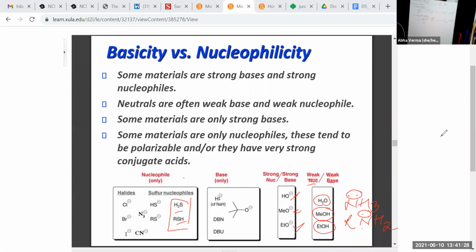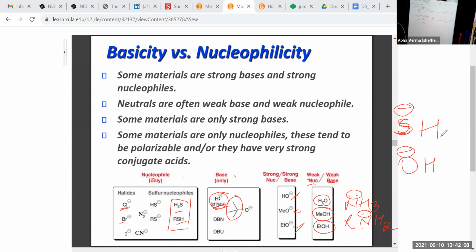So between nucleophilic and basic parts, you have to remember these hydrides. Bulk and polarizability affect basicity. Nucleophiles just want a very big atom, but not a bulky atom. So if you compare SH and if you compare OH, S is a bigger atom.